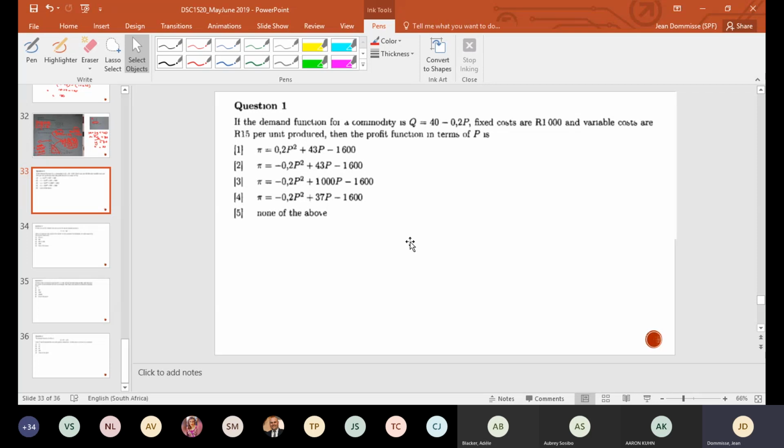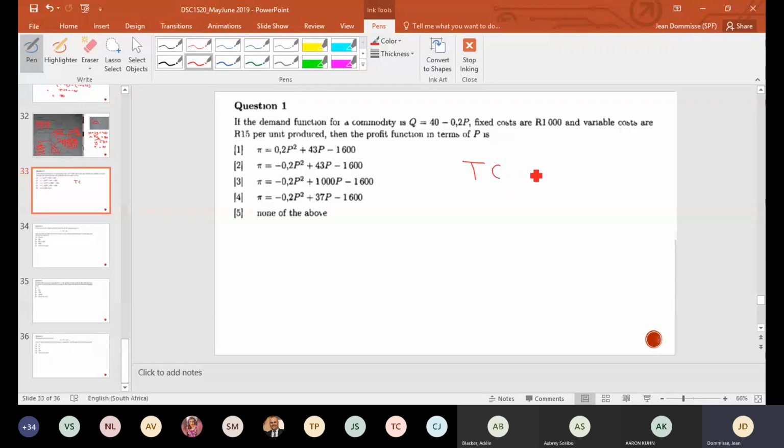Okay, cool. So, if a demand function of a commodity is Q, a fixed cost of that, and a variable cost of 15 Rand per unit produced, what is the profit function in terms of P? Oh, shoot. So fixed cost, let me quickly see.